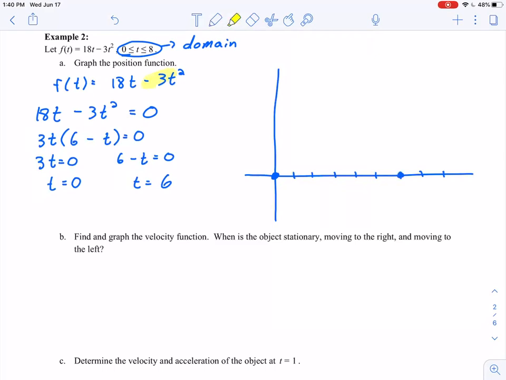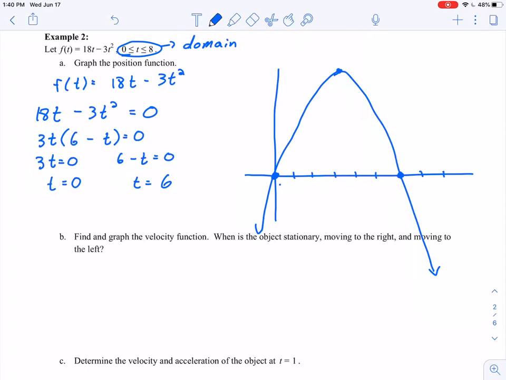We also said this is a parabola which opens downward. So I think at this point we have enough information to make a rough sketch of our graph. It's a parabola that opens downward. I know that if the intercepts are at 0 and 6, it must have a vertex halfway in between at 3 if it's going to be symmetric, so it probably looks something like this, give or take.